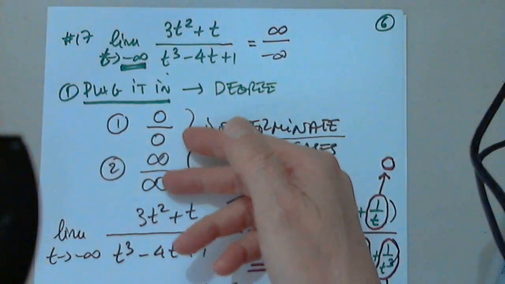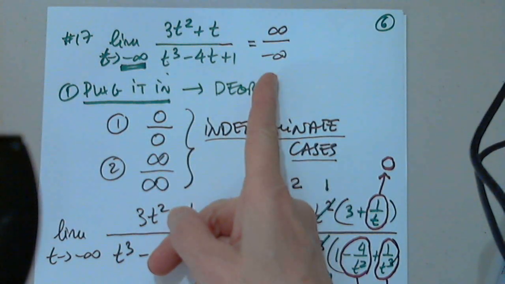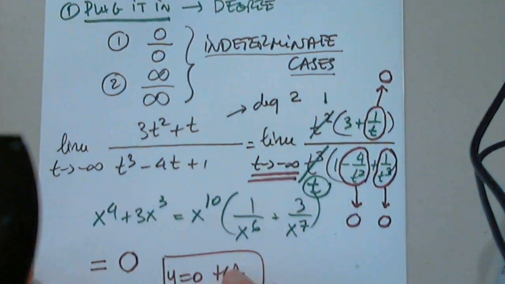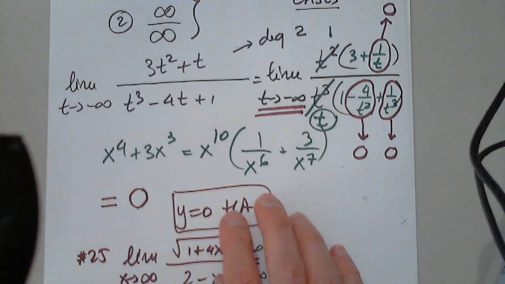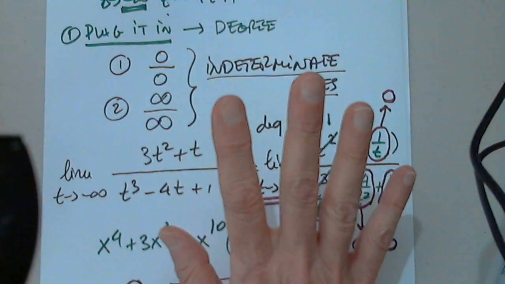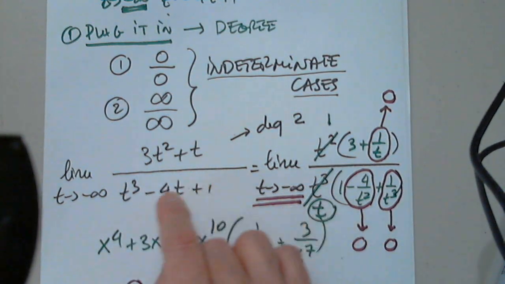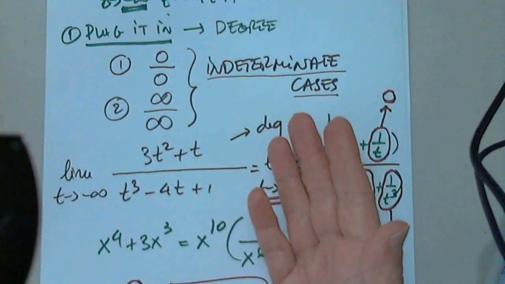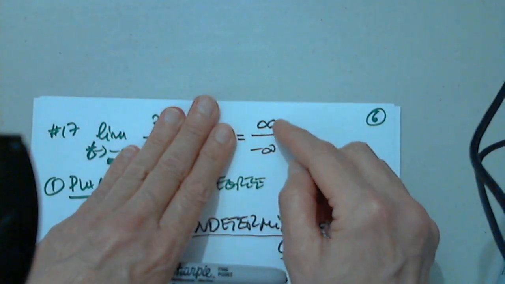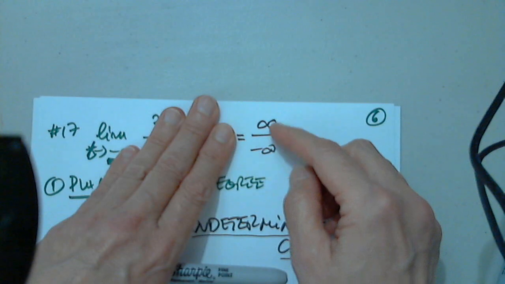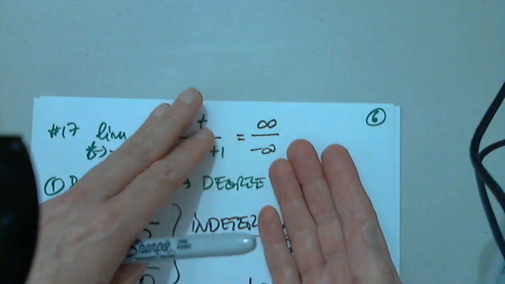So, see, these were the two indeterminate cases. This was one. We started with infinity over negative infinity. Who would have thought that we're going to get 0? No one. Well, if you remember from pre-calculus, you will say, oh, I know. Smaller degree in the numerator, higher degree in the denominator. As x approaches infinity, the answer has to be 0. I agree. But without looking at the function, if you see infinity over negative infinity, or the sign is not important, you would not know what to expect.